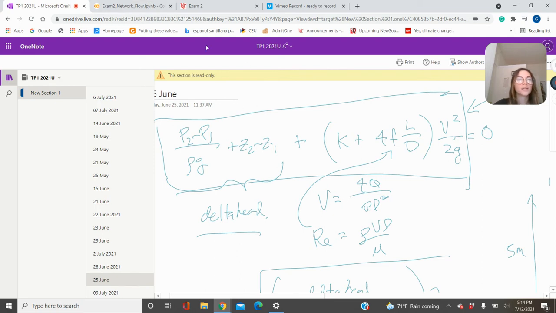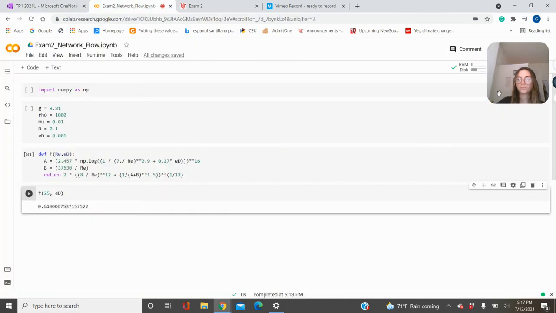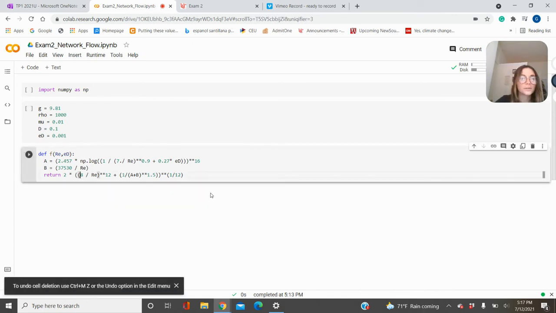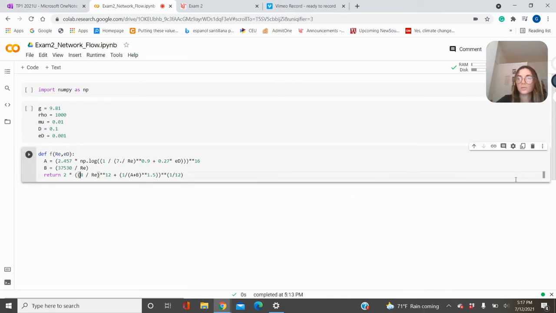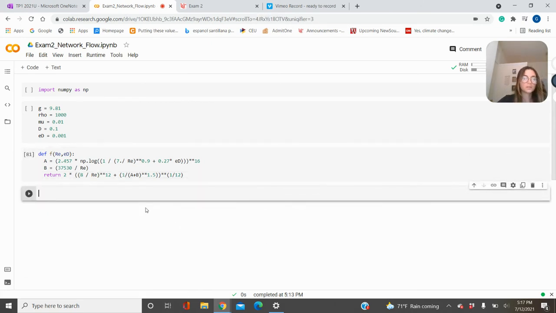So we're going to go back to our code. Okay, so this we can get out of our code because we know that converged and that's looking good, so we don't need that anymore. Next, we want to calculate our delta head. So we're going to define this function as d head, no space.